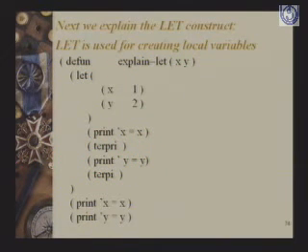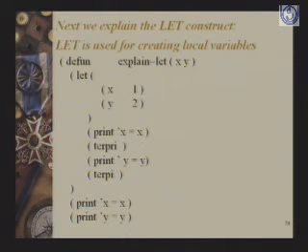I again emphasize that the x and y which occur within the pair of parentheses bounding let will have x as 1 and y as 2. However, whatever x's and y's occur outside these parentheses, in this particular case on the last two lines, do not necessarily have the values 1 and 2.